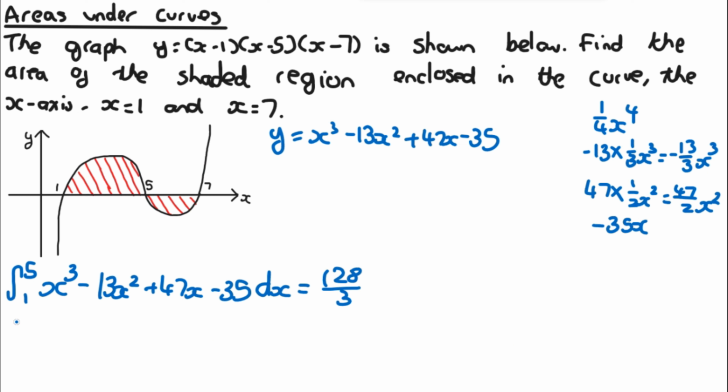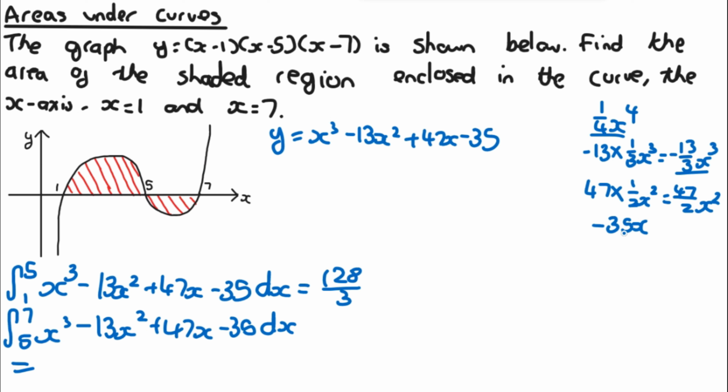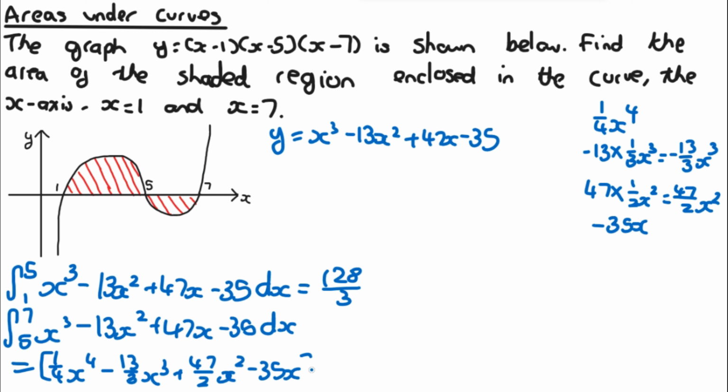So this is going to be the integral between 7 and 5 of x to the power of 3 minus 13x squared plus 47x minus 35 dx, and this is going to be equal to, we don't need to do the integration again because it's the same integral as before, so this is going to be equal to 1 over 4 x to the power of 4 minus 13 over 3 x to the power of 3 plus 47 over 2 x squared minus 35x, and then we do the square brackets for 7 and 5, and then we sub in the values.